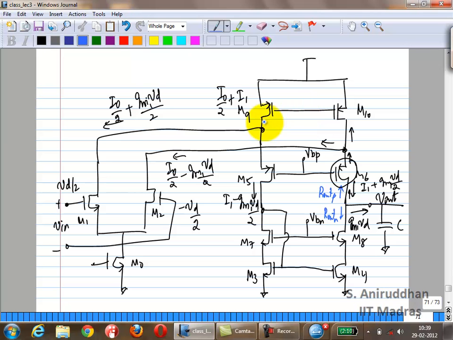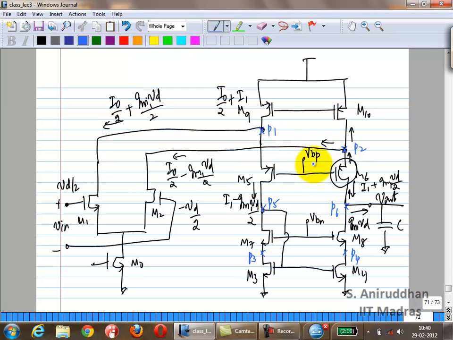P1, P2, P5, P6, right? It turns out you actually have the same number of nodes as before. We had 6 nodes in the telescopic, we have 6 nodes here, right? And it turns out that the dominant pole is still good. It's still dominated by your output, okay?